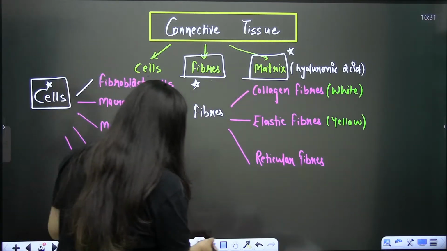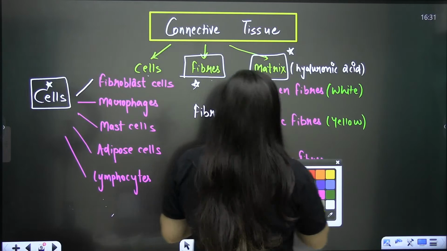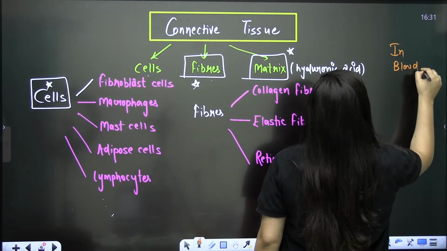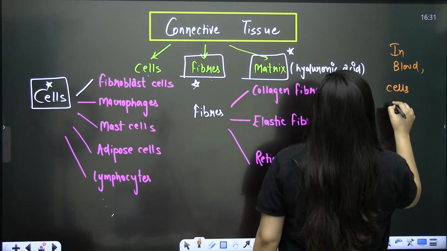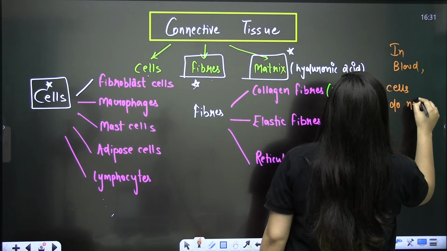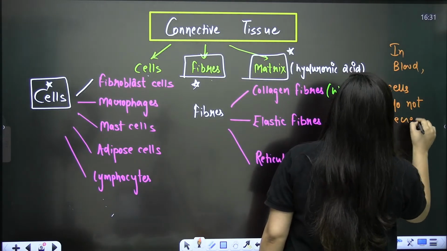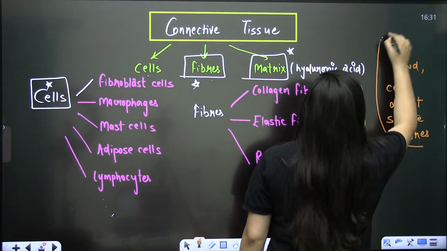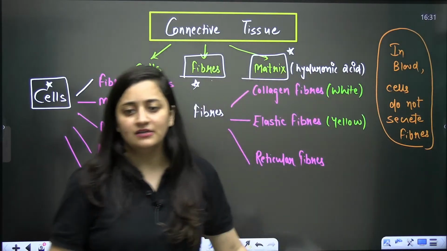And here we have one exception that you should all note down. In blood, cells do not secrete fibers. Blood is the only connective tissue where you are not going to get fibers.